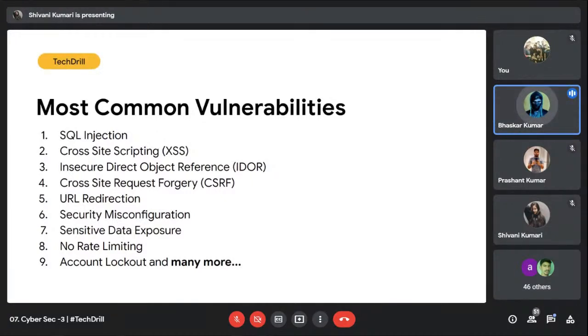For example, you are logged into an e-commerce website, and Bharat has sent you a link, and once you click on that link, it says, hey, click here, and you click on that button, your password is going to be changed in that e-commerce website. So a functionality will be executed in some other website.